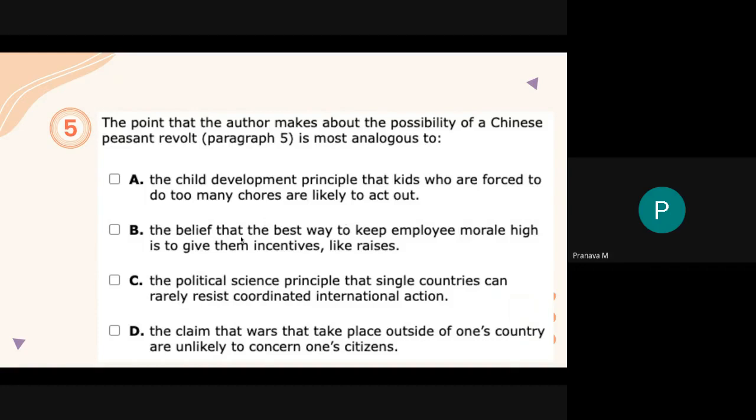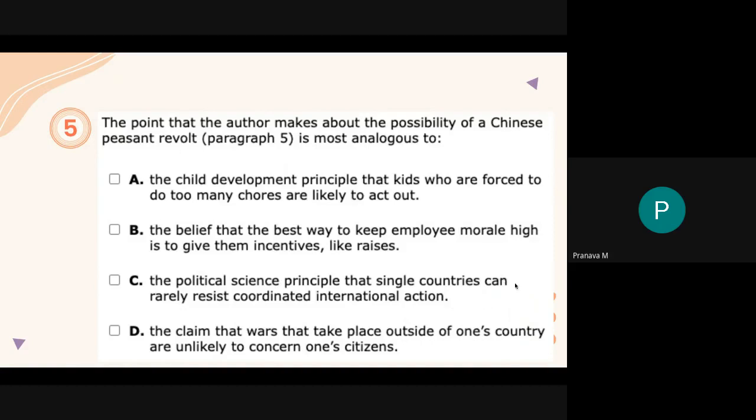Whereas B, if you're given something positive and you're likely to stay, that does not have anything to do with the passage, which is just talking about exploitation leading to a stand against whoever's in power. And then the political science principle that single countries can rarely resist coordinated international action is not what it's talking about.